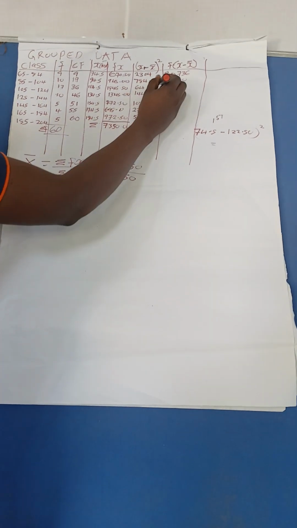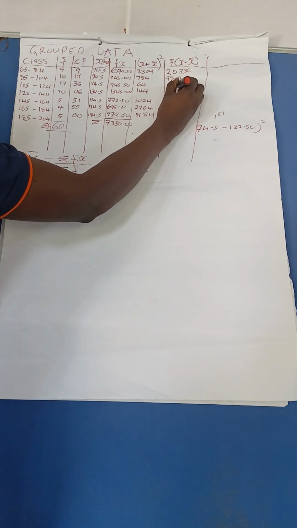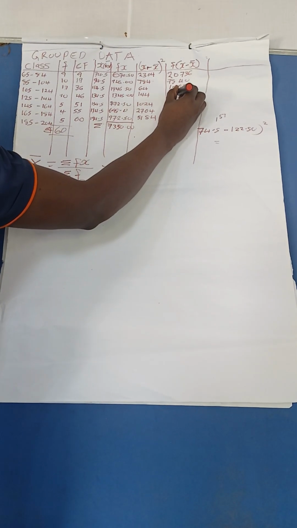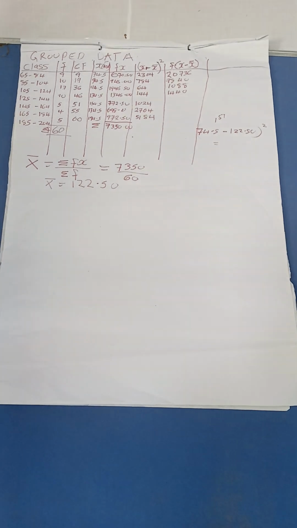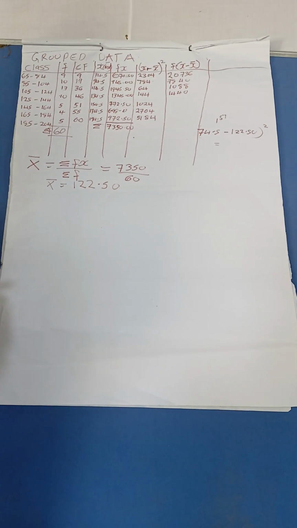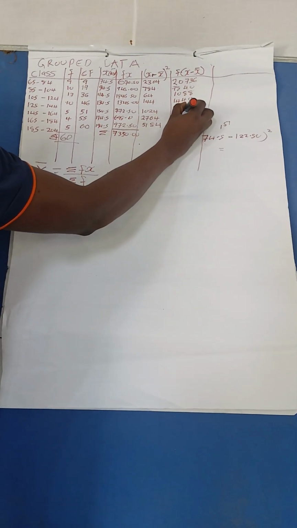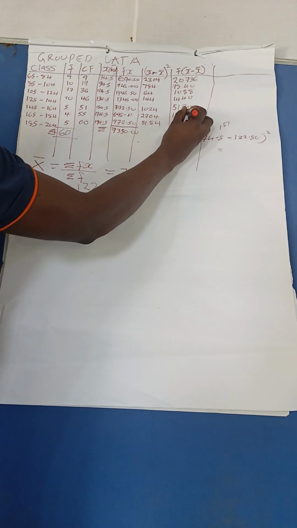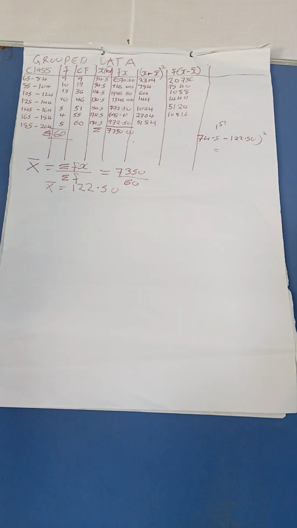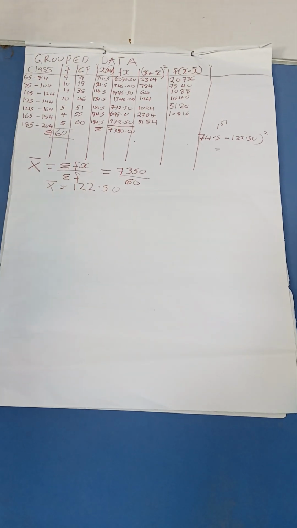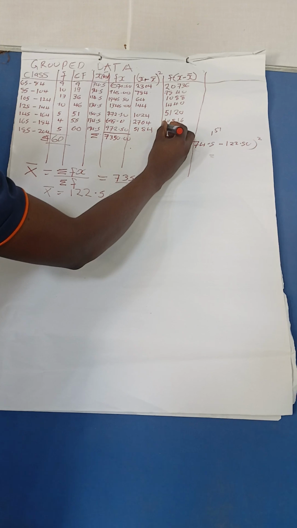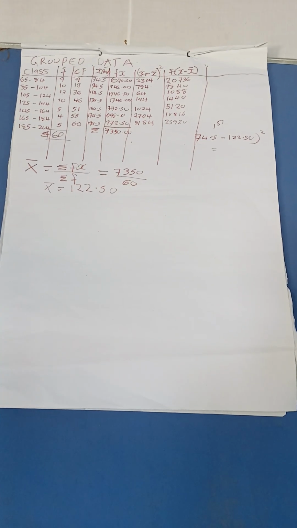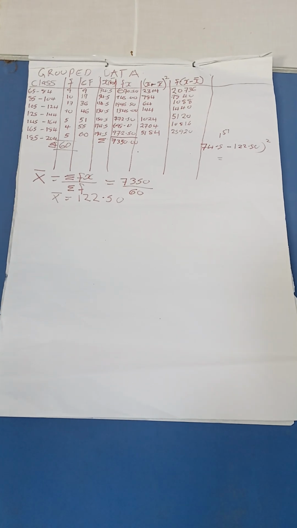Then we'll have 1088. Then we'll have 1440. Good. Then we'll have 5120. Then we'll have 10816. Then the last one we'll have 25920. Good. So that is how we fill that frequency distribution table.